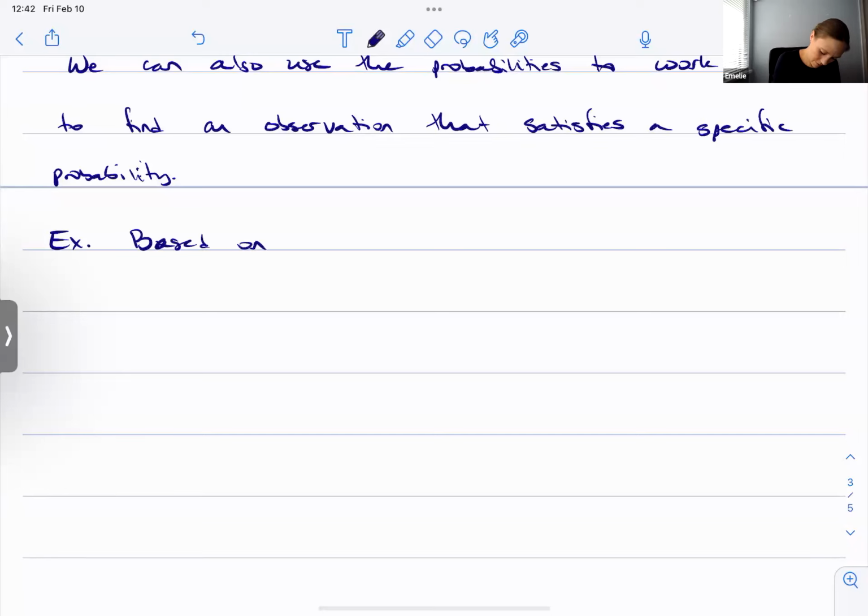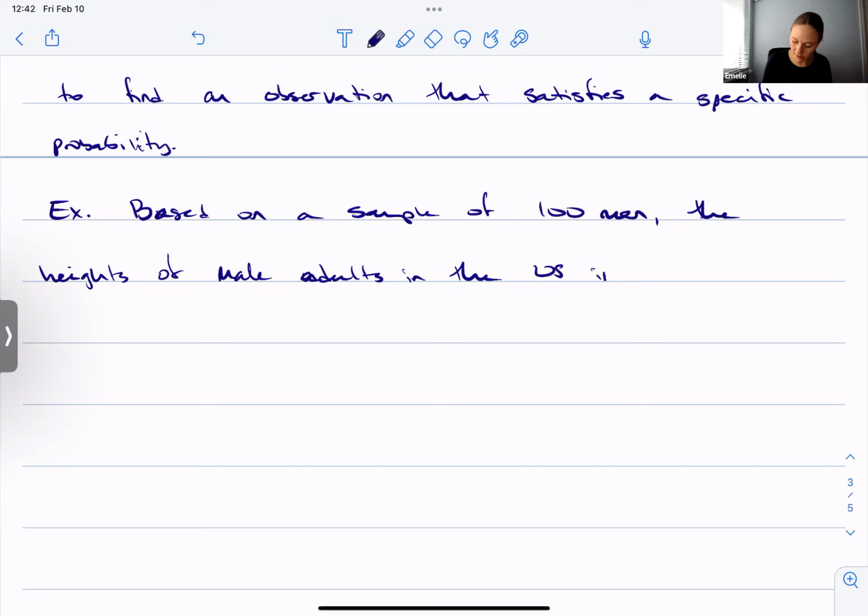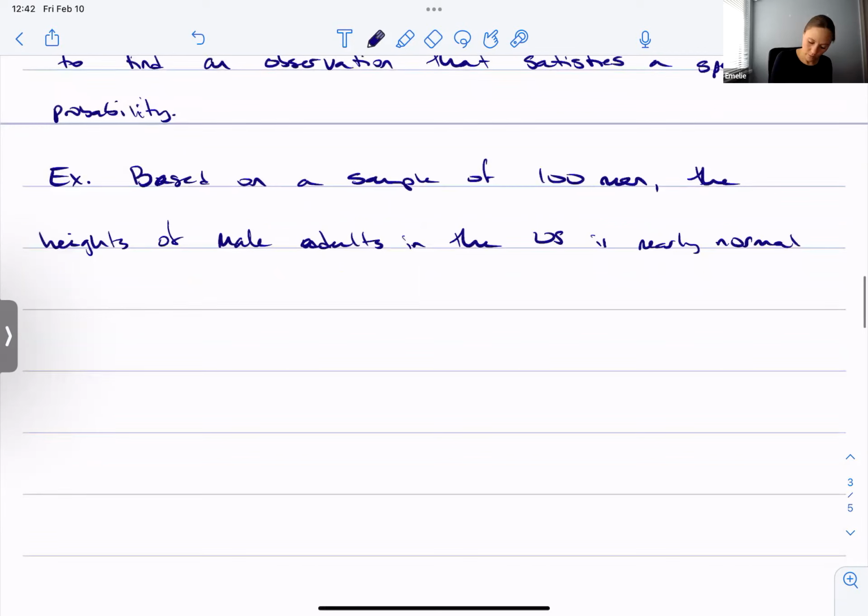Based on a sample of 100 men, the heights of male adults in the US are nearly normal, with a mean of 70 inches.